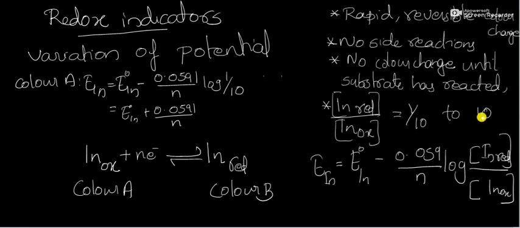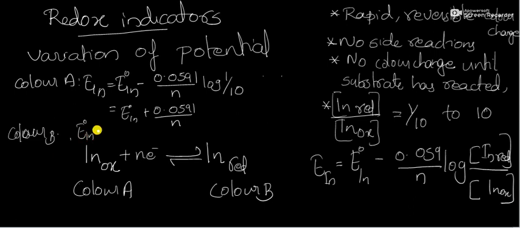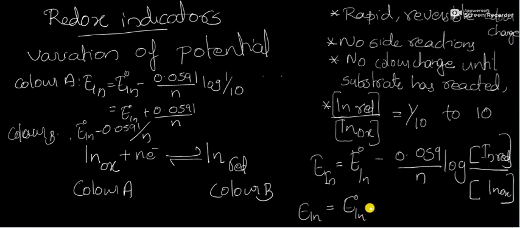By substituting 10 to this ratio, we get color B. Color B equal to E0 indicator minus 0.0591 divided by N. So on combining the above two equations, we can write E In is equal to E0 In plus or minus 0.0591 divided by N. That is the color change.